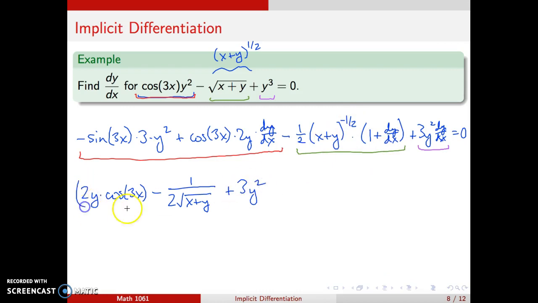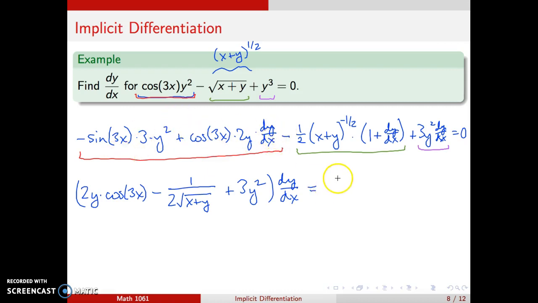Now, I'm a little bit cramped for space, so I'm doing this a little bit quickly, but I'm keeping all the dy/dx terms. There's one of them. Here, this times that is a second one, and this is a third. And then I'm going to add or subtract appropriately from both sides of the equation to get the non-dy/dx terms on the other side of the equation.